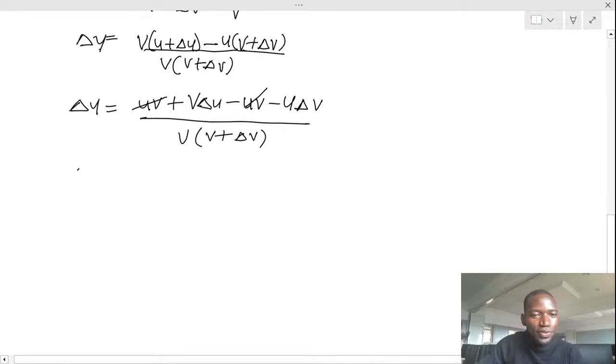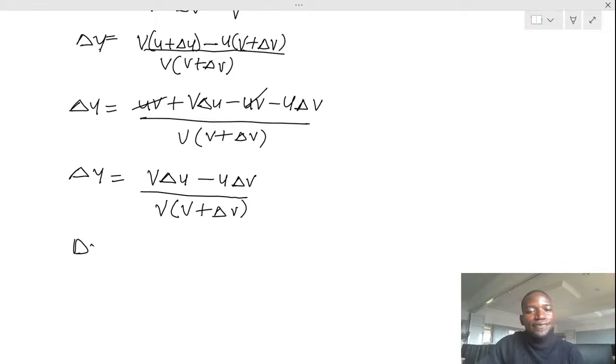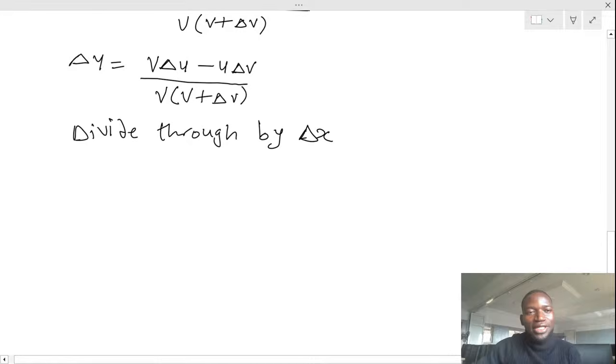So we are going to be left with delta y equal to v delta u minus u delta v, everything over v into v plus delta v. All right, so the next thing for you to do is to divide through. You're going to be dividing through by delta x. So you divide the left-hand side by delta x and also the right-hand side by delta x.